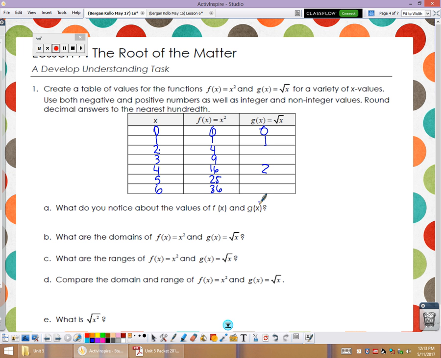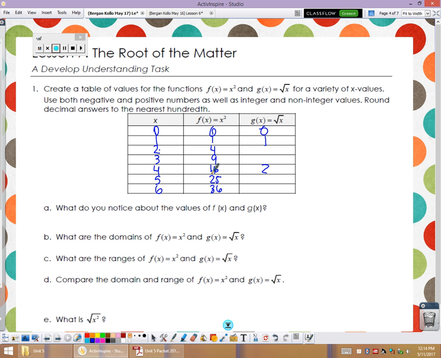Essentially, what ends up happening is I can see that they're all the same, right? Here, I can see the relationship. When I take the square root of 4, I get 2. When I square 4, I get 16. Let's do another number that I can take the square root of and I can also square.